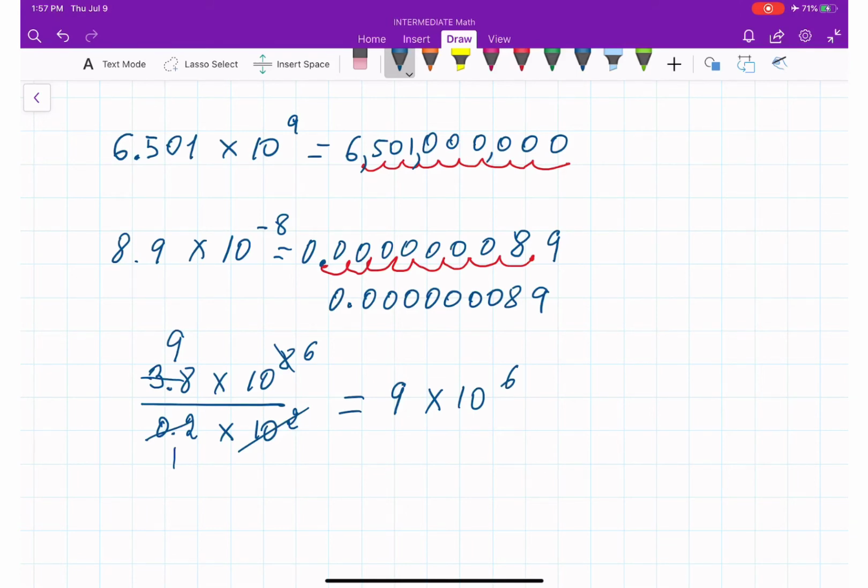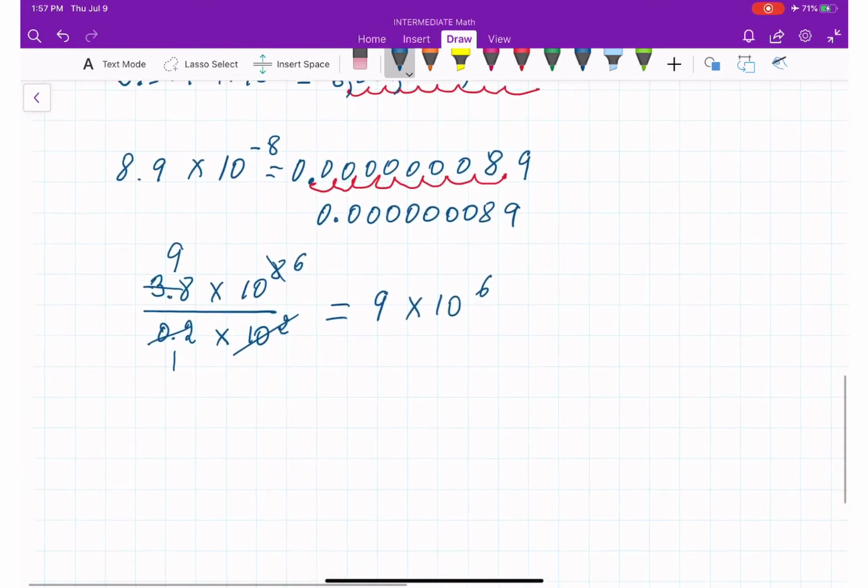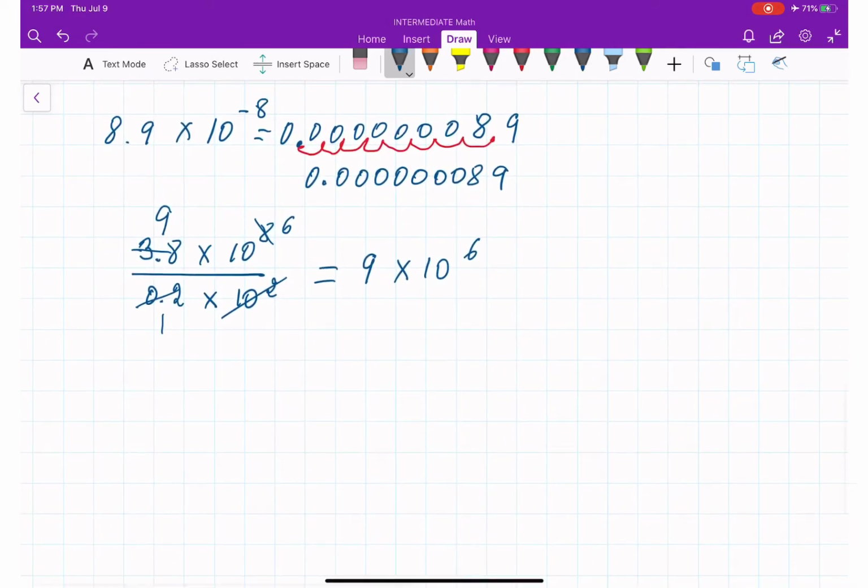Okay. Another one. Would be interesting. So, let me see. 7.2 times 10 to power 5 divided by 3.6 times 10 to power 9. So what's going to happen here? This is gone. Here we are getting 4 because 9 is greater than 5.